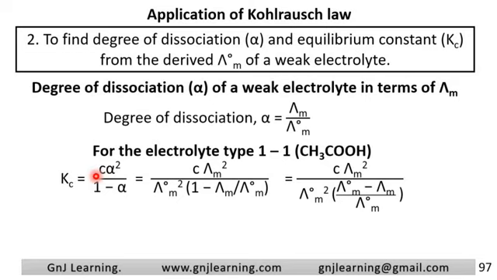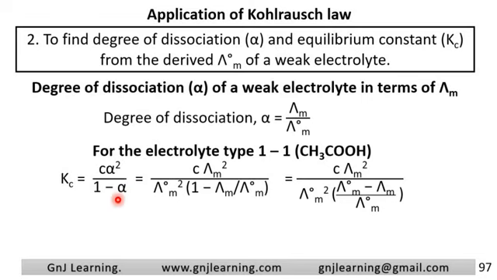What is C? C is the initial concentration. This is not the C in the equation we saw for lambda m, kappa divided by C. It is not that C; this C represents molarity. So molarity into degree of dissociation square divided by 1 minus degree of dissociation.